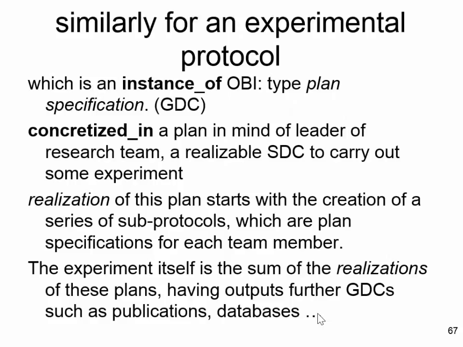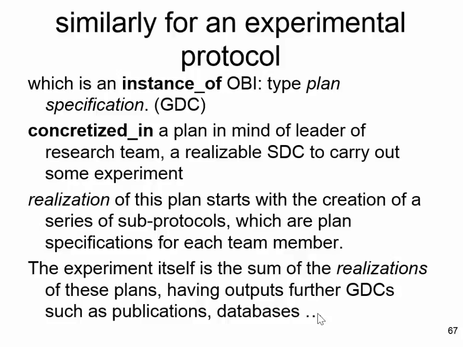And then also for the experimental protocols, so you have a protocol which is an instance of the type plan specification, which is concretized in a plan in the mind of the leader of some team, which this plan is a realizable specifically dependent continuant in that person's head.